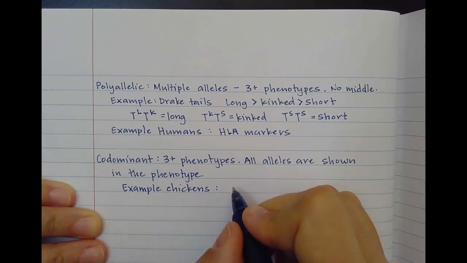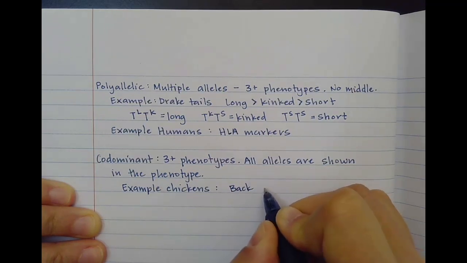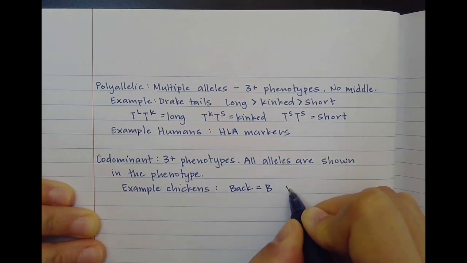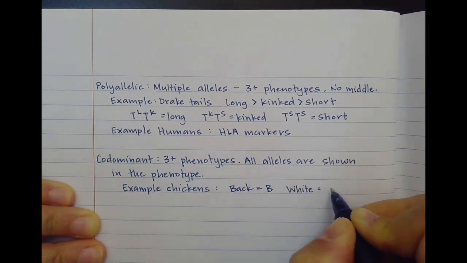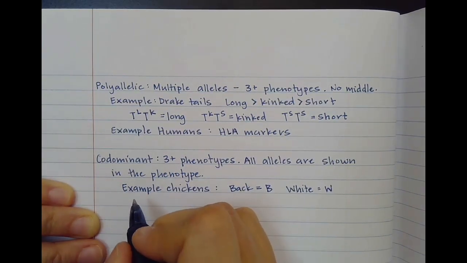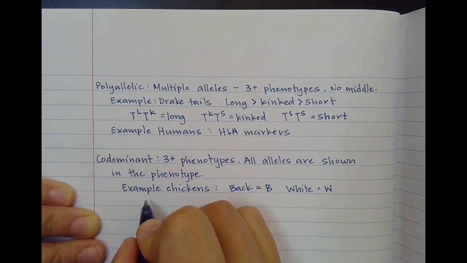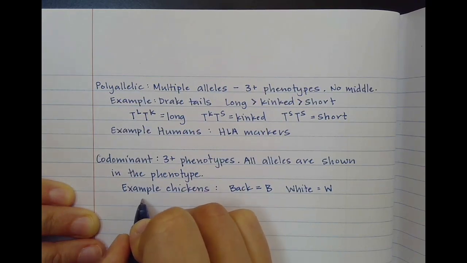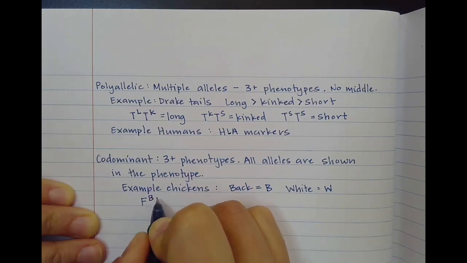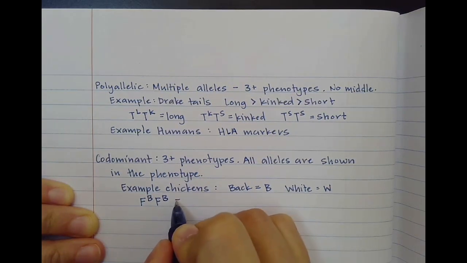There are some chickens that have feathers that are all black, and there are some that have feathers that are all white. And our black feathers we're going to label with a B, and our white feathers we're going to label with a W. And so we're going to use our code again here, where the gene is labeled and then the alleles are labeled separately. So I'm going to use F for feathers, and if they have 2 of the black alleles, then all feathers are black.